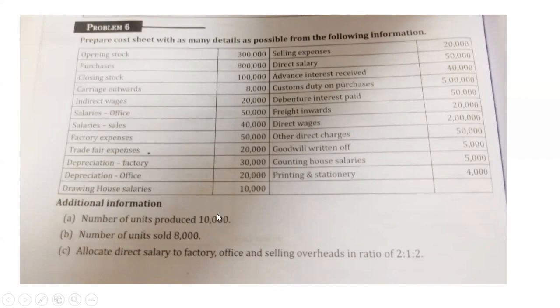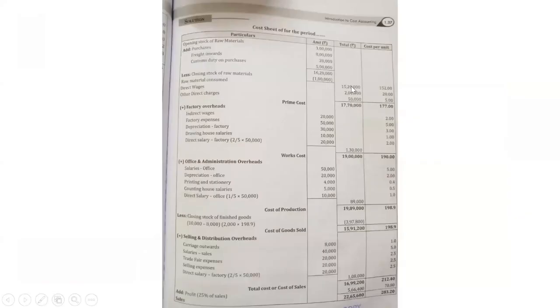The number of units produced is 10,000. This amount, material consumed divided by 10,000, you will get the per unit. Here also the same, and direct charges also the same, you have to calculate. Add material consumed, direct wages and direct expenses, and you will get your prime cost.